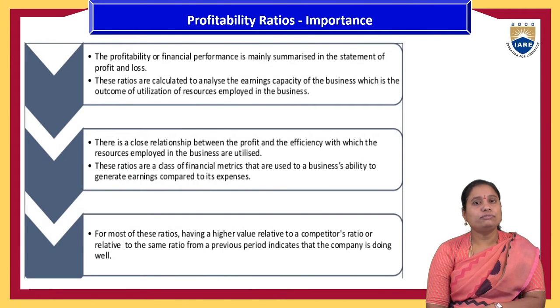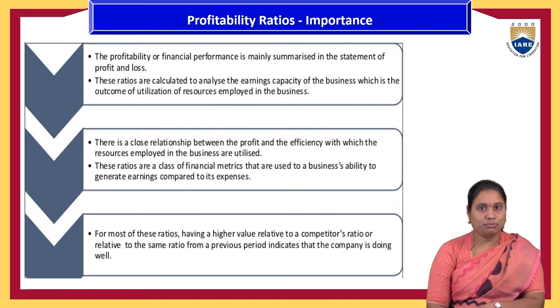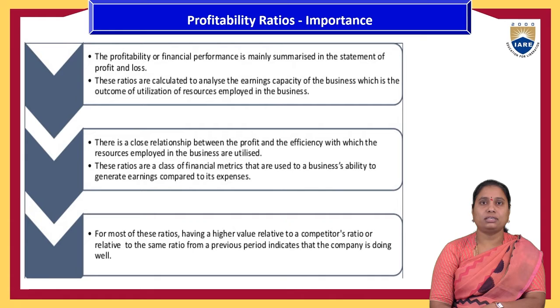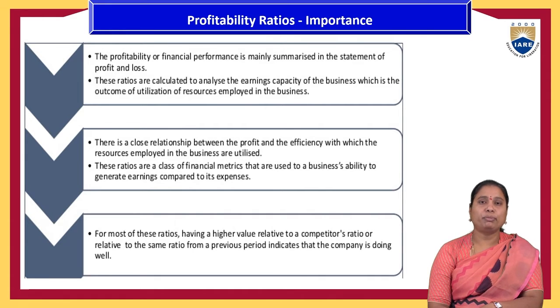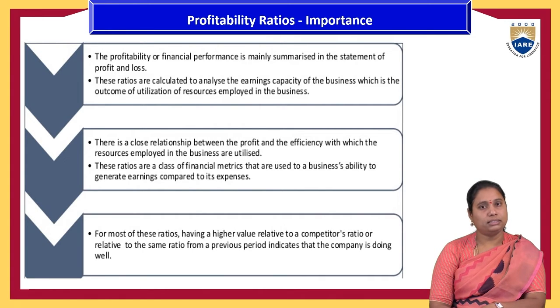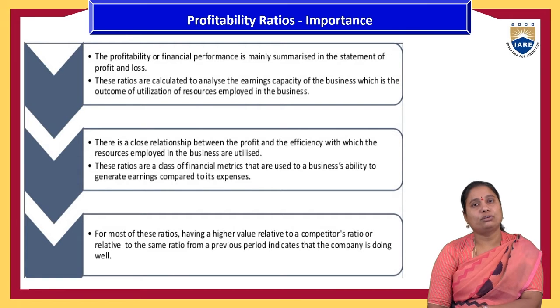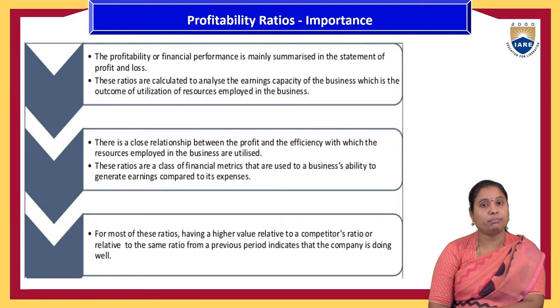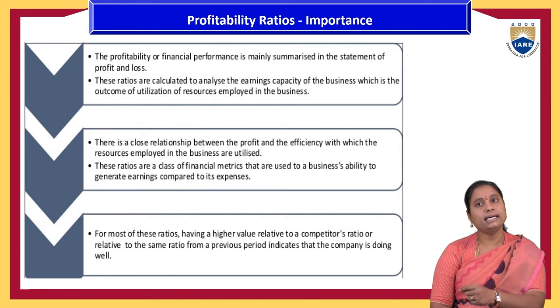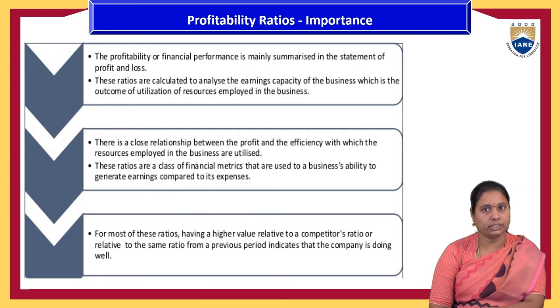So the importance of these profitability ratios: if we observe, they give the total financial performance of the management in terms of profits and losses. These ratios are calculated to analyze the earning capacity of the organization, and they show the close relationship between the profits and efficiency of the organization.